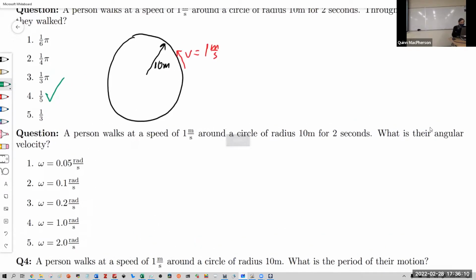A person walks at speed 1 meter per second around a circle of radius 10 meters for 2 seconds. Same situation. What is their angular velocity? What's the formula? What's the definition of angular velocity? Sorry, changing angle.